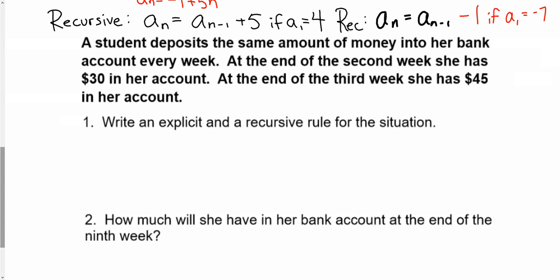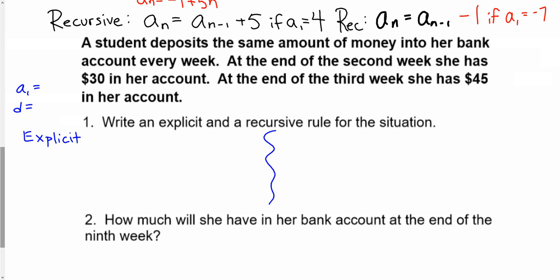Okay, here we go. I'm going to divide this into two parts. We'll do the explicit on this side. In order to write an explicit rule, we have to know the common difference, and we also have to know the first term in the list. I'm going to write that over here. A sub 1 equals, and then the common difference.